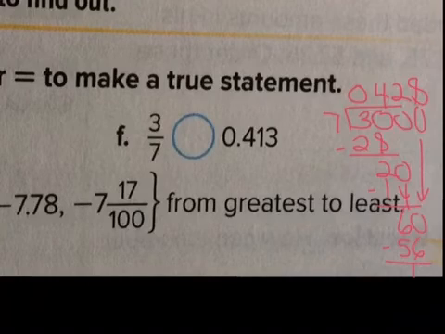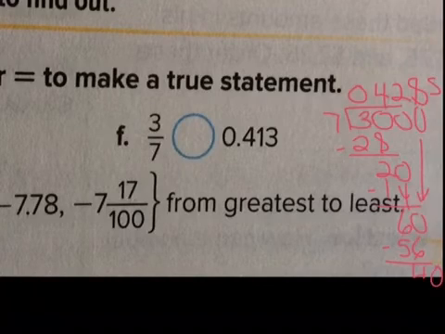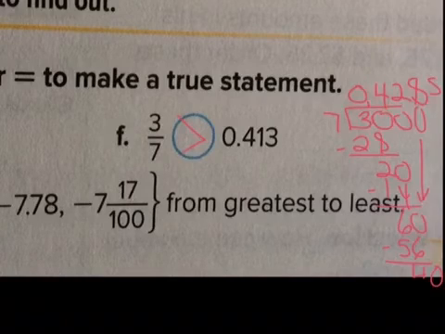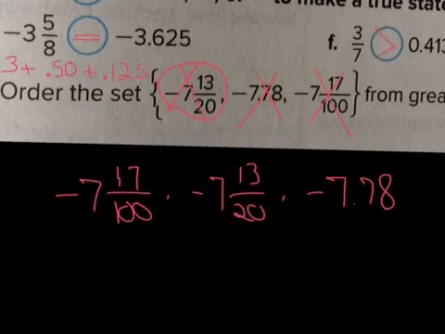Right? And now I'm back to, now I have 4. And 7 times 5. I'm going to stop there because I have enough decimal places to work with. I have 0.42, while here I have 0.413. So clearly 3/7 is greater than 0.413.